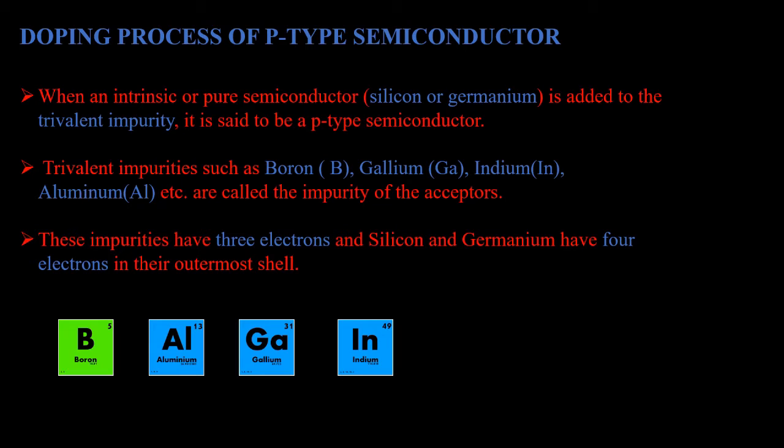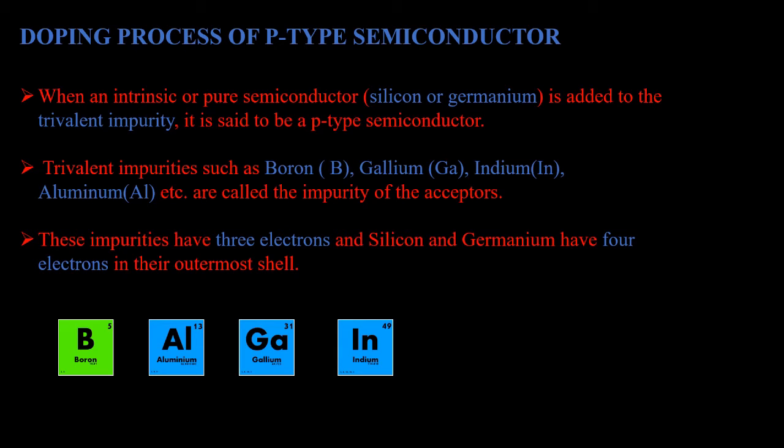So there is one thing to understand, that we need more electrons or more holes to increase the conductivity of the materials. So we require such materials which have either 3 electrons or 5 electrons in its outermost shell. So if we want more holes, we require trivalent impurities, and if we want more electrons, we require pentavalent impurity. So here we use trivalent impurity to dope with silicon, and this process is called doping.